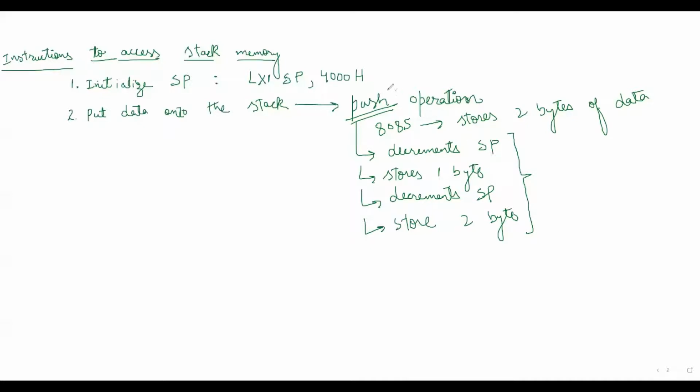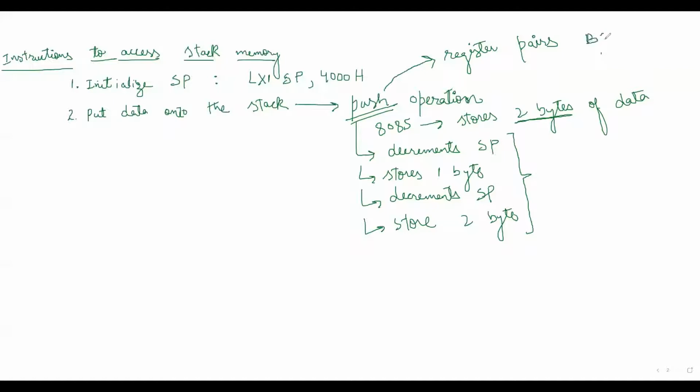Since the push operation saves 2 bytes, it can only push data from register pairs. So what are the possible register pairs?